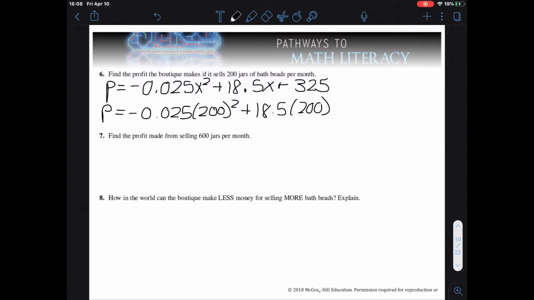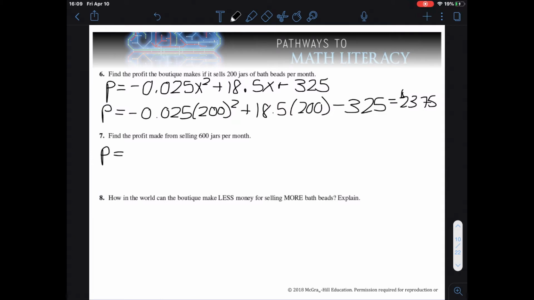Minus 325. And what you find out your profit from selling 200 jars would be 2,375.